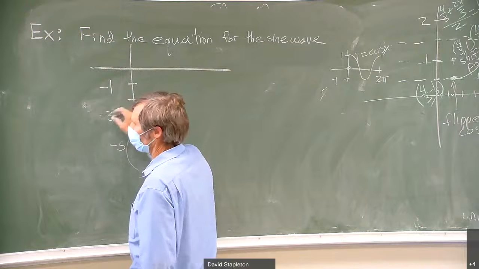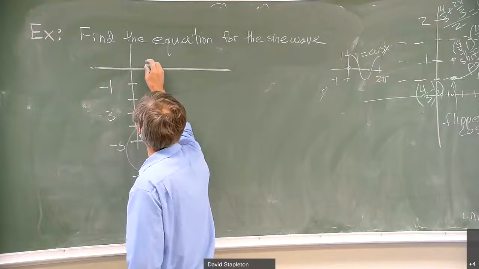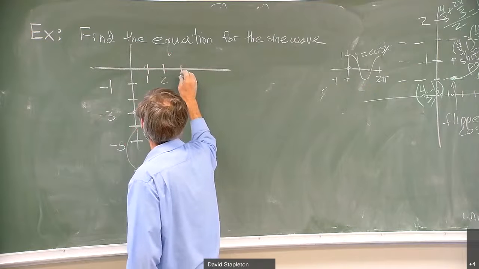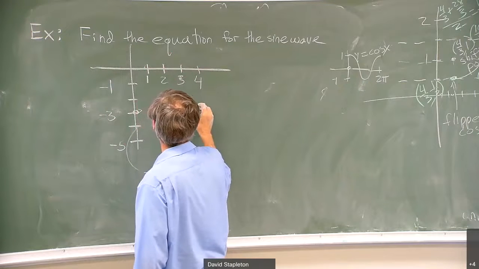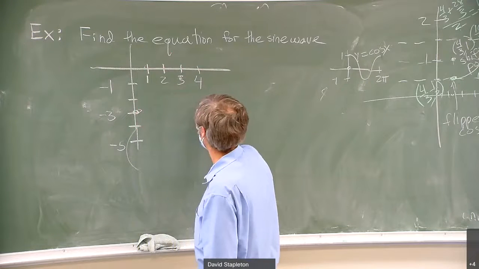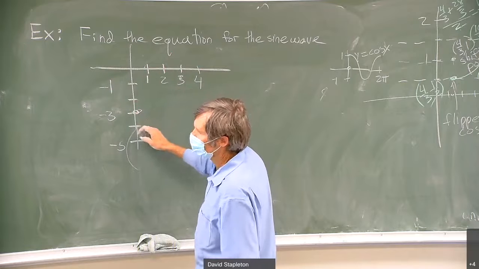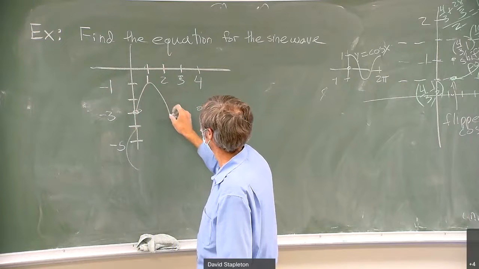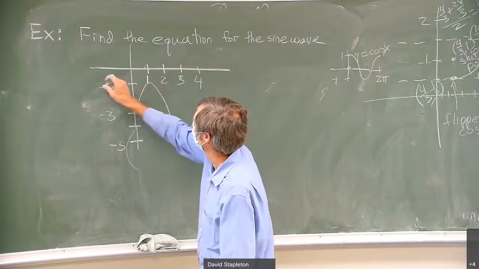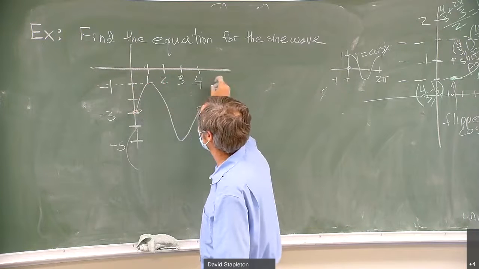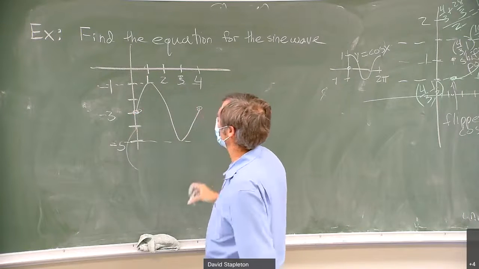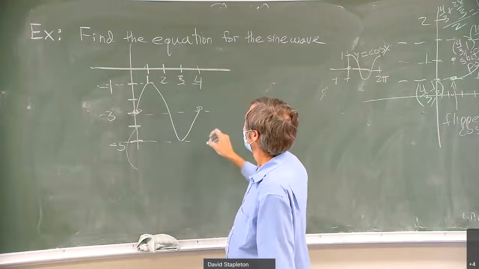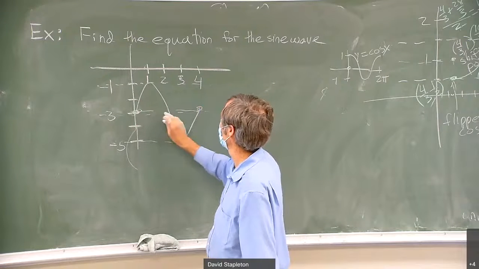And it goes right through here. And it looks like here's 1, 2, 3, 4. So these are actually equally scaled. And it looks like it goes up to here, down to here, down to here. And if you draw the guidelines, you can see it goes up and down between -1 and -5. And here's the midline, if you like that one, going through these points.